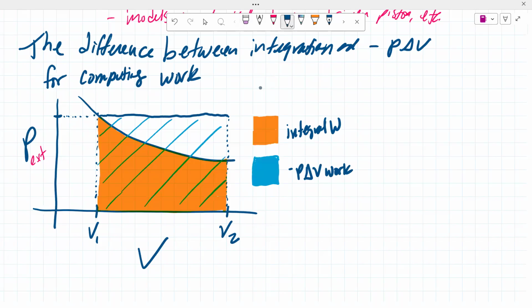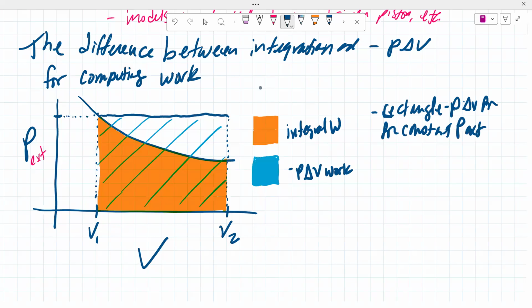But let's capture some of those thoughts in some notes over here. So the rectangle, negative P delta V for constant P external.